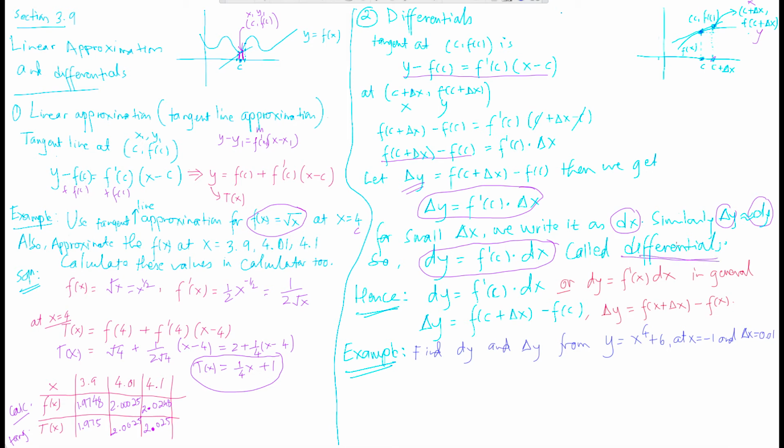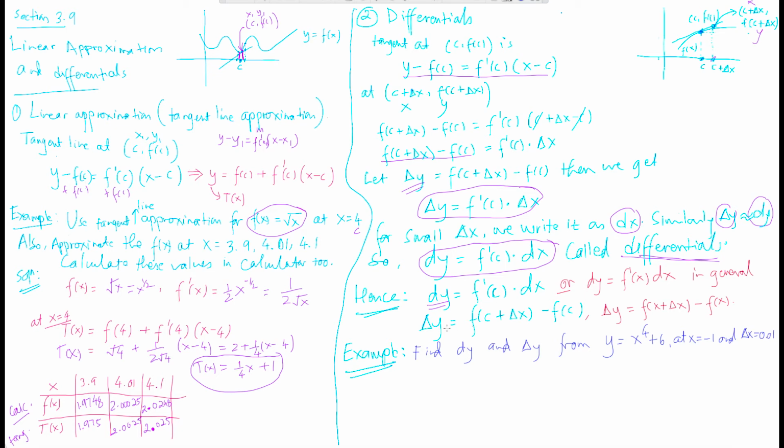So in the homework problem, there are two things that you will be asked. One is to find the differential dy. How do I find the differential dy? At a point, you do f prime at c. C will be given, like x equals 2, x equals 4, like that. So f prime at c times dx. So dx you will take same as delta x, so not a problem, okay?